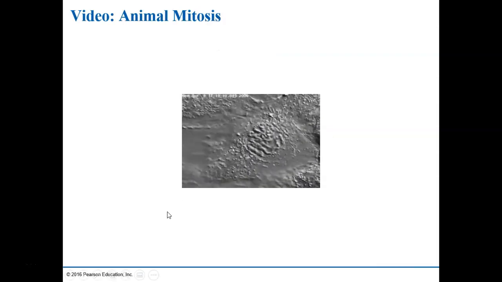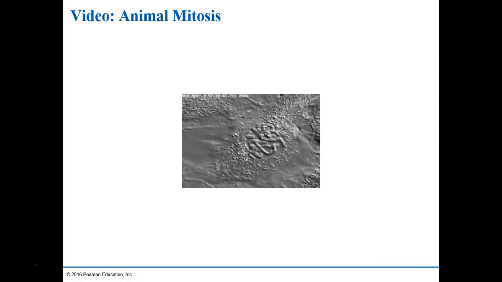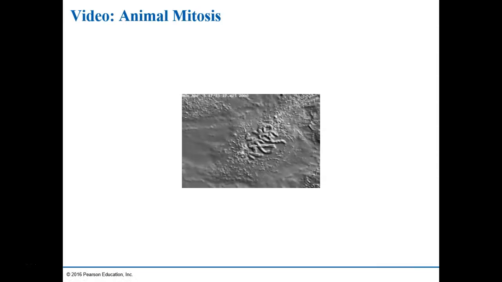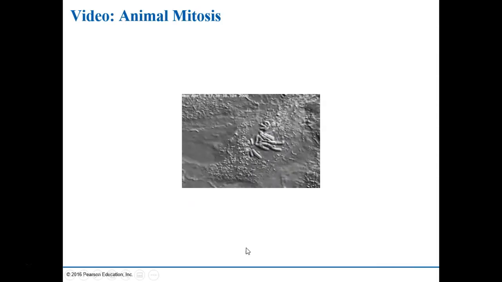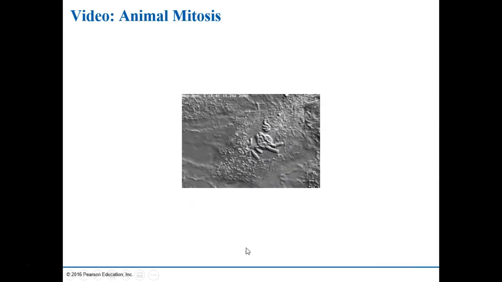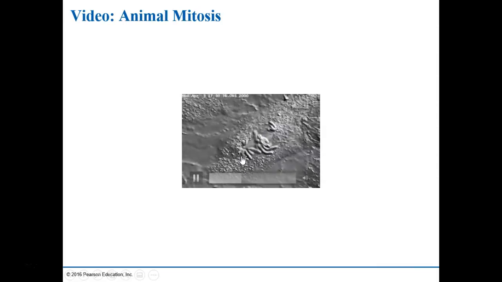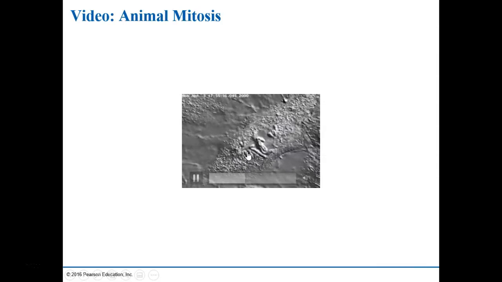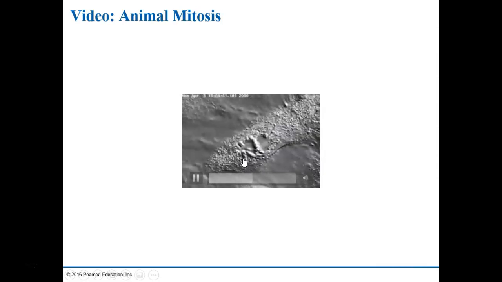Here we go. So here you can see a video of a cell. This is light microscopy, but you can see those chromosomes clearly through some optical tricks. They're forming up. You can kind of see that they're in pairs here, and they're forming along a central line so that they can organize themselves to be ready for division.